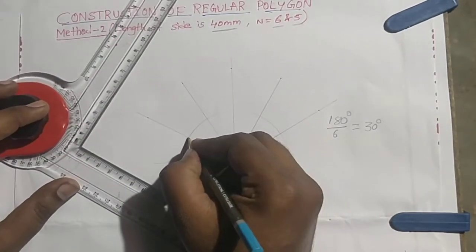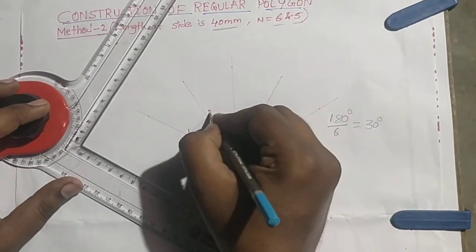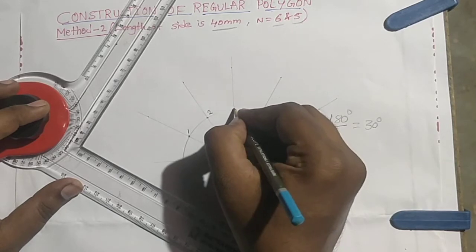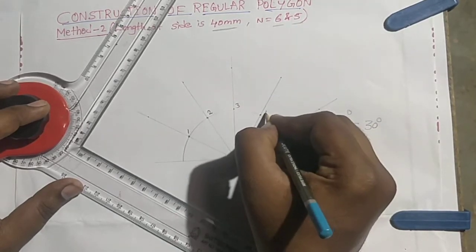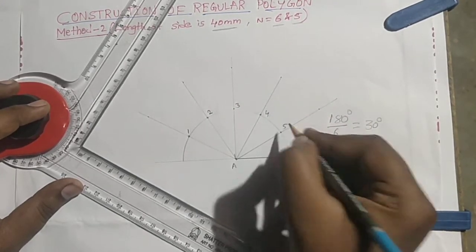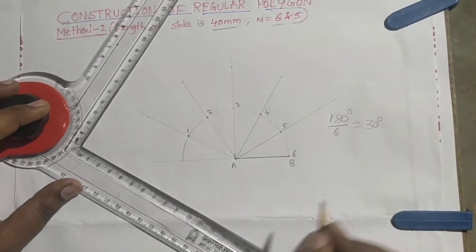Next, name these points 1, 2, 3, 4, 5 and the last one is 6.